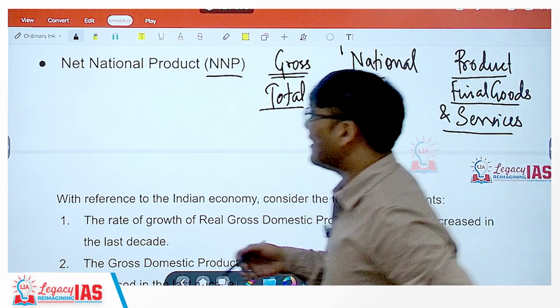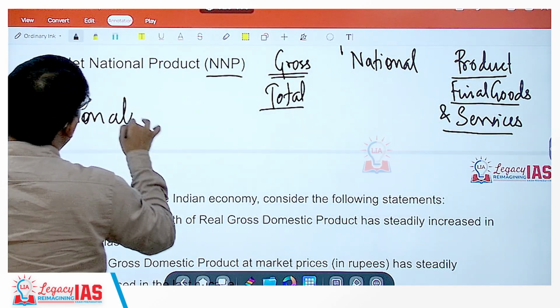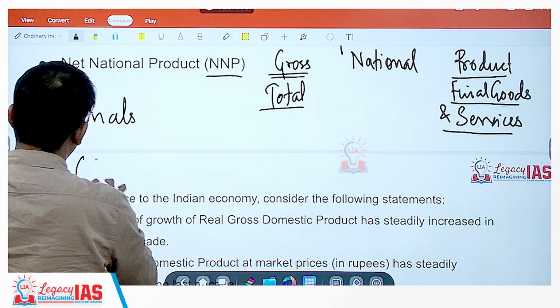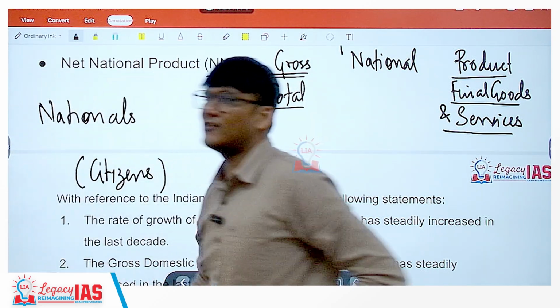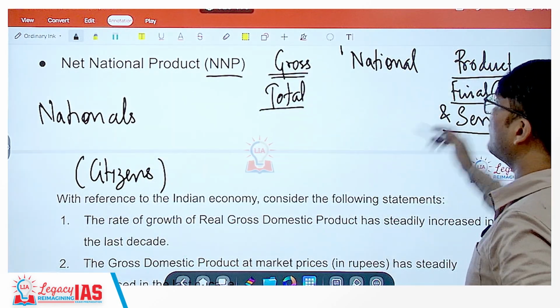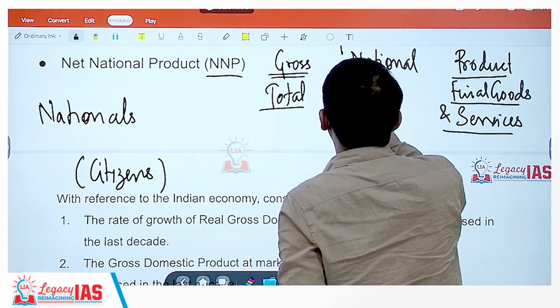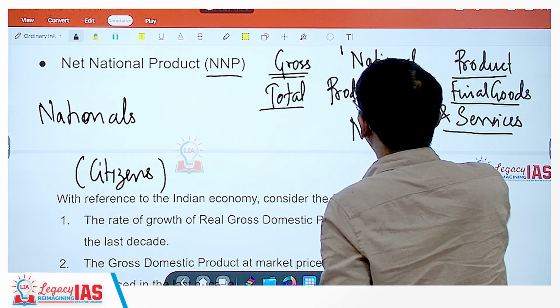So national is related to nationals. Who is a national? Nationals are the citizens. A national is a citizen. So it is the total value of the final goods and services produced by the nationals.